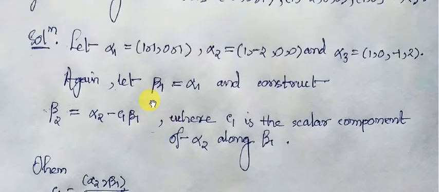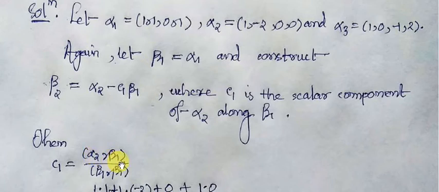So the alpha 2 vector is (1, -2, 0, 0), and the beta 1 vector is the first one, the alpha 1 vector (1, 1, 0, 1).